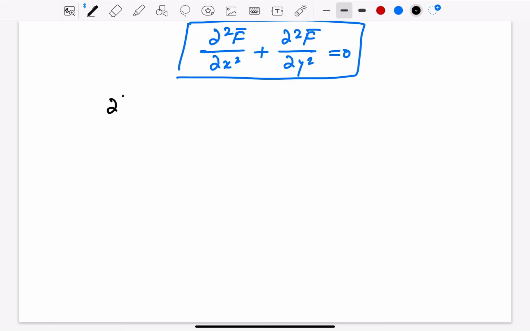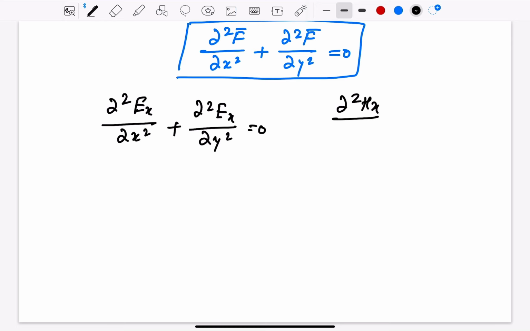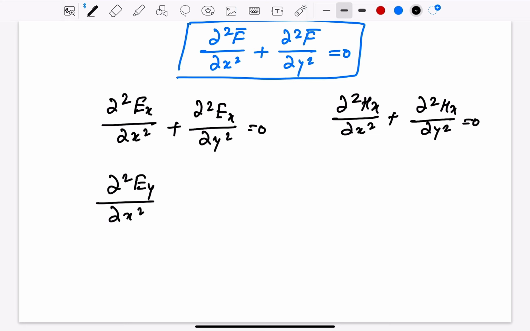These 4 possible equations will be dou square Ex over dou x square plus dou square Ex over dou y square is equal to 0. Another is dou square Hx over dou x square plus dou square Hx over dou y square is equal to 0. This is the Ex and Hx component. Similarly, dou square Ey over dou x square plus dou square Ey over dou y square is equal to 0.